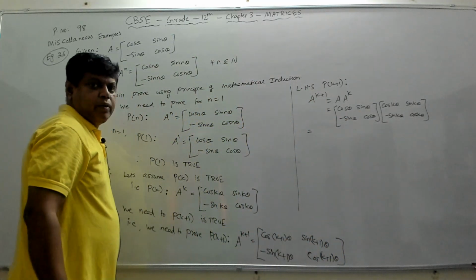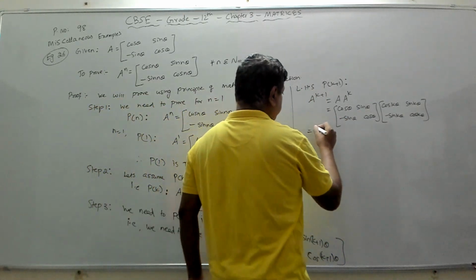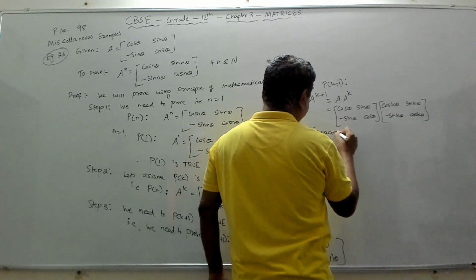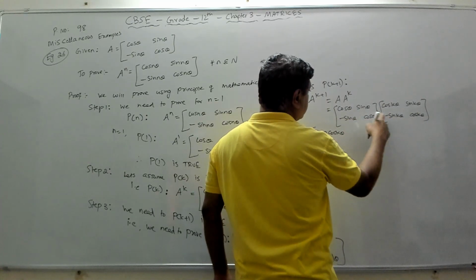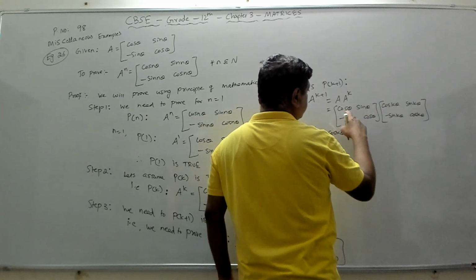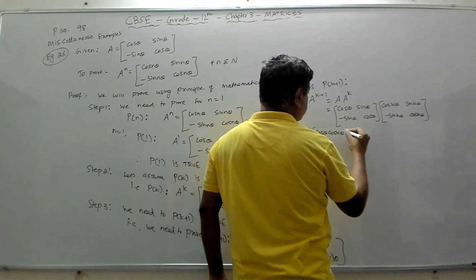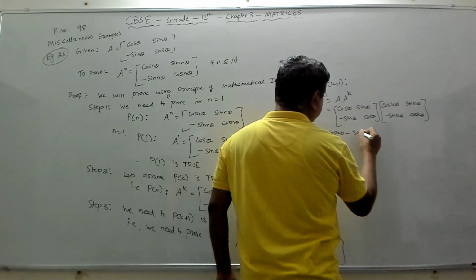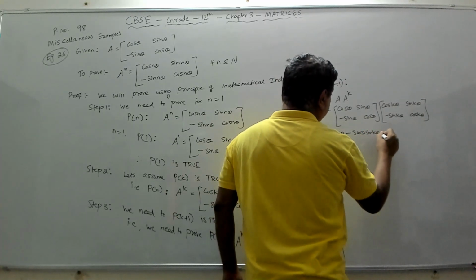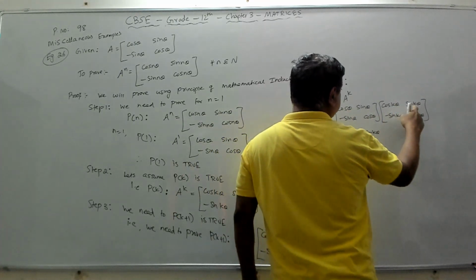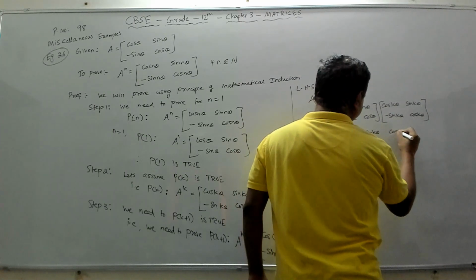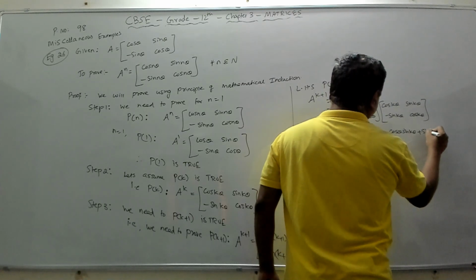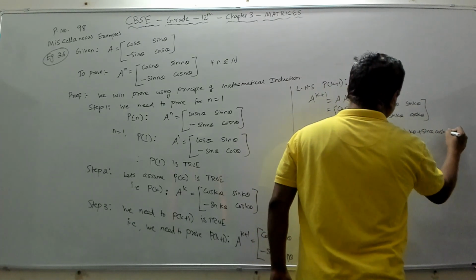Row into column: cos theta cos k theta, plus this into this, which is minus sin theta sin k theta. Then again cos theta sin k theta plus sin theta cos k theta.